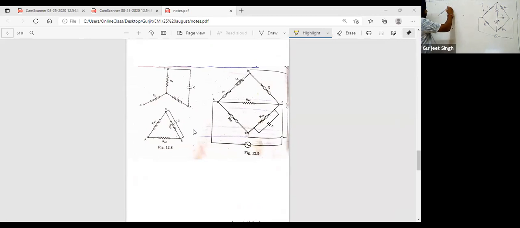This is the capacitance, this is the inductor, and again here we have a resistance, and in the center we are using one more resistance. Here we have a resistance, and this is the resistance. Across this resistance we have a parallel capacitor. So this is the simplified diagram. We are converting this diagram into this simplified diagram.